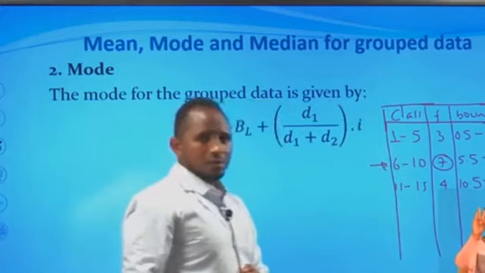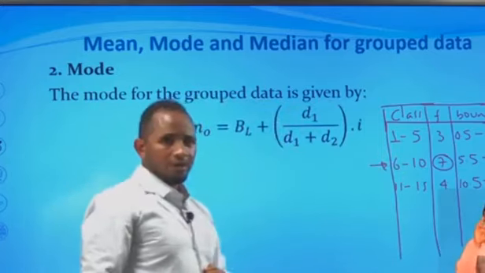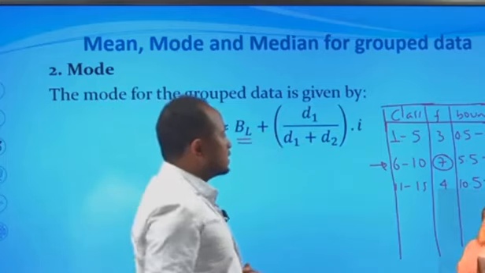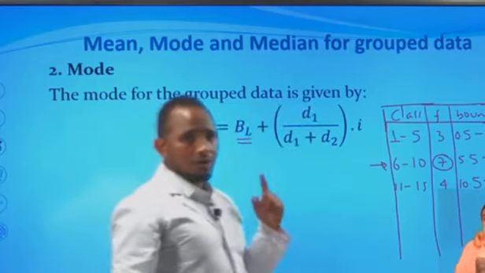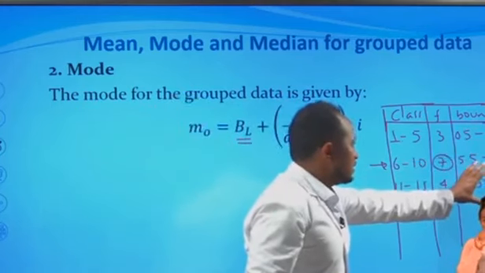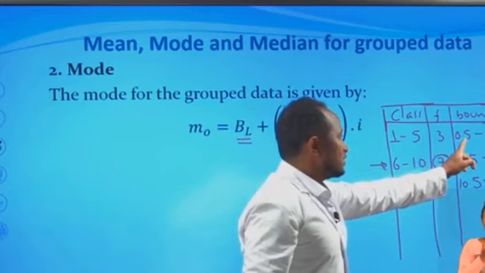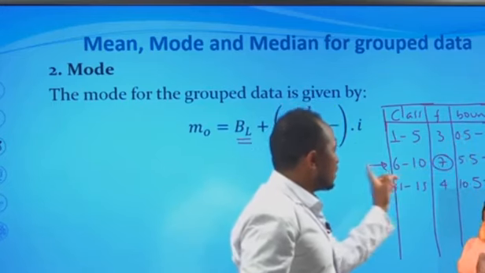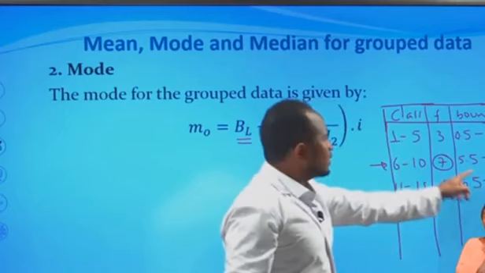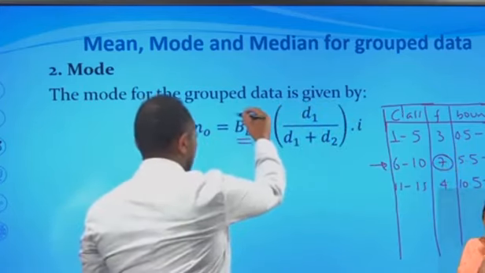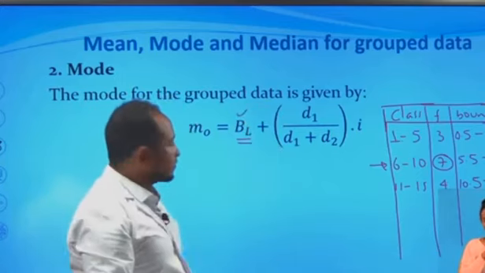After finding the modal class, you apply the formula. BL means the lower class boundary of the modal class. This is a class boundary. The lower class boundary for the first class is this one, then for the second class, for the third class. So for our modal class, the lower class boundary is 5.5.